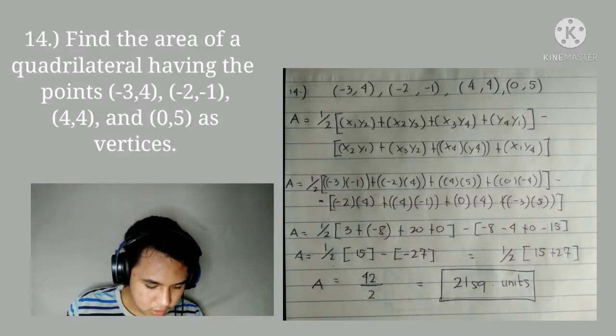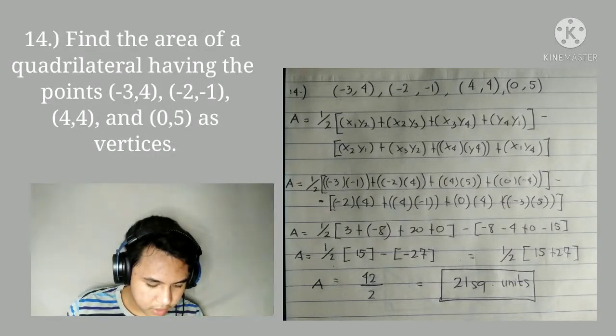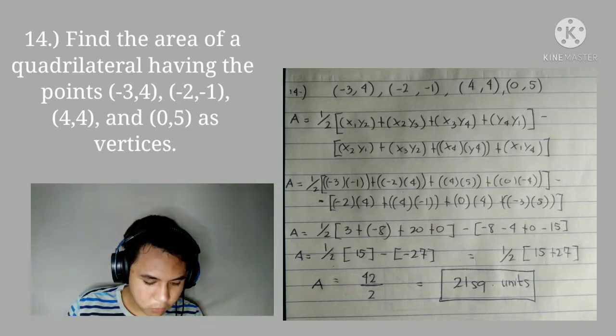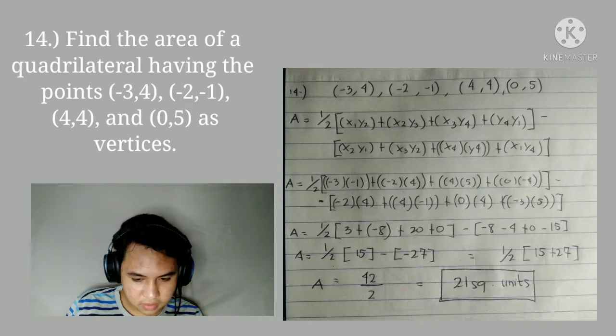For number 14, we are asked to find the area of a quadrilateral having the points (-3, 4), (-2, -1), (4, 4), and (0, 5) as vertices.